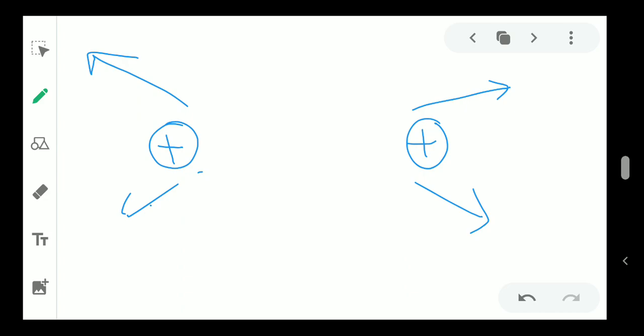Then you have to do some work in order to bring one of them. So let's say this one is fixed here, somehow I have made it fixed, and then you want to bring this charge near to this one. To bring this charge, because they are not going to come together spontaneously, since they want to repel, you have to do some work.